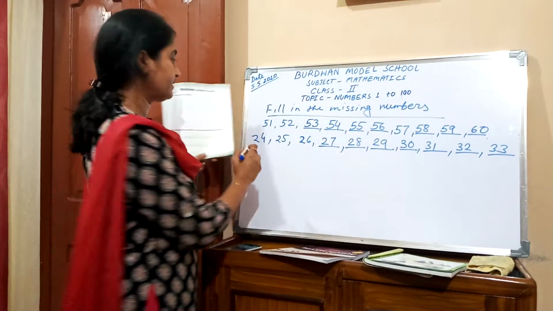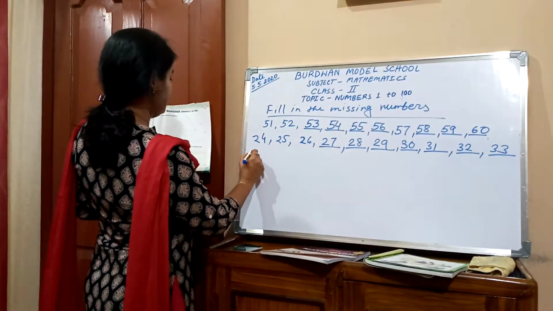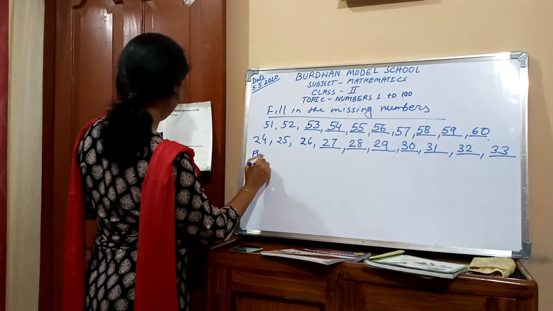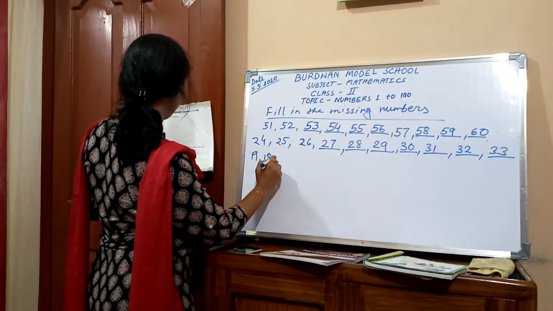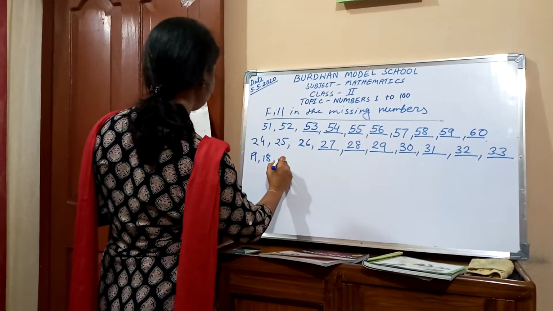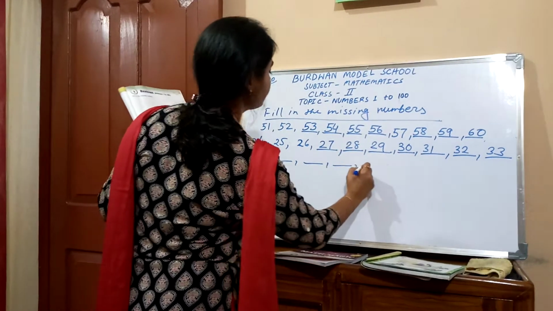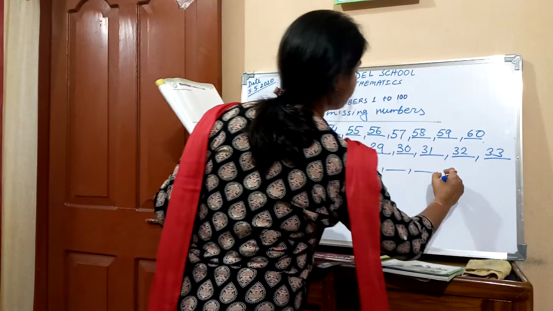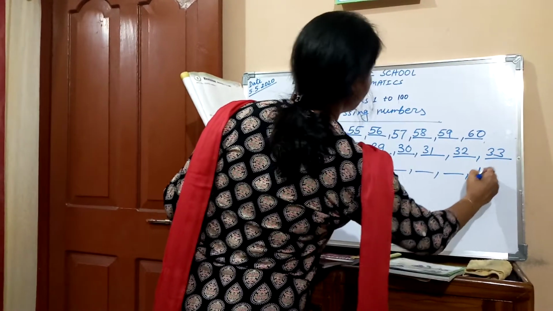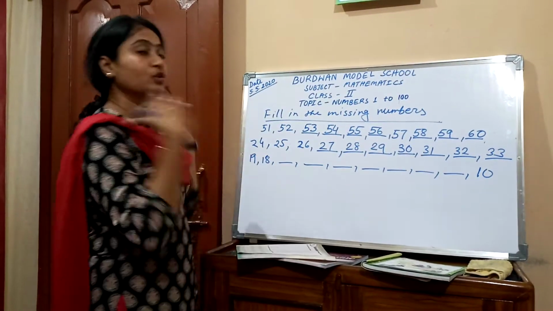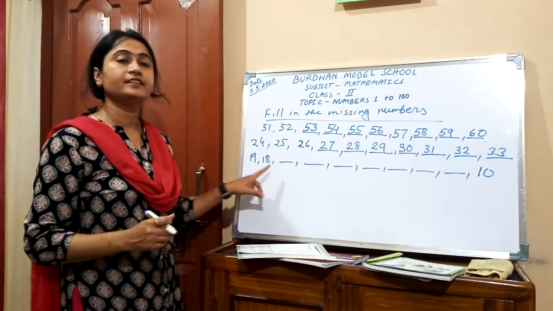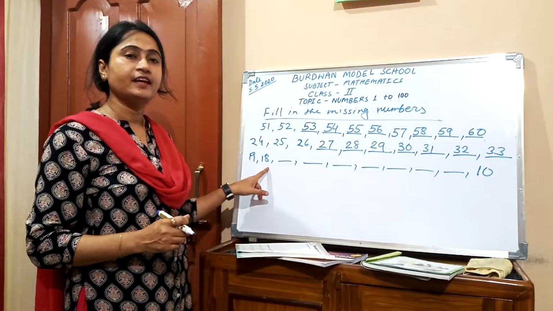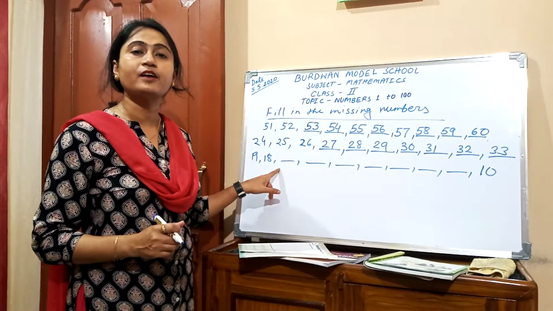Next is 19, then 18. Is it forward counting or back counting?